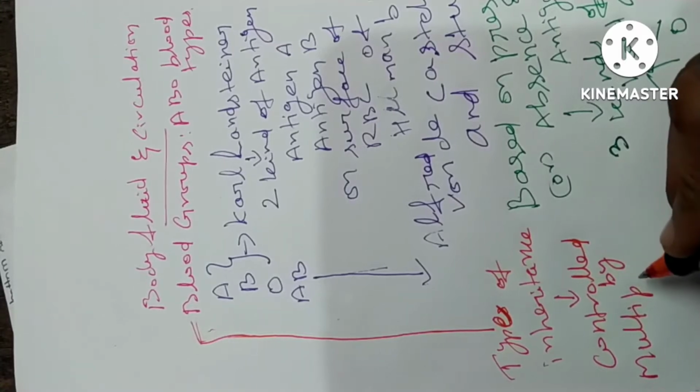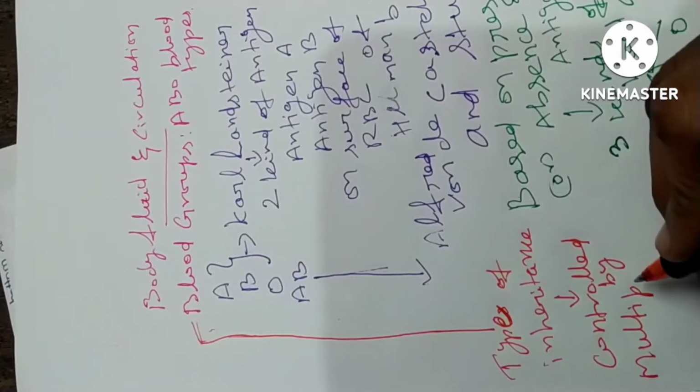The blood group system is one of the good examples of multiple allelism.